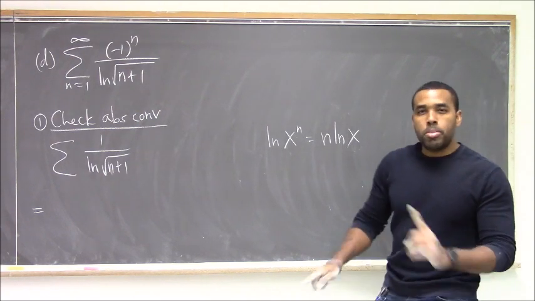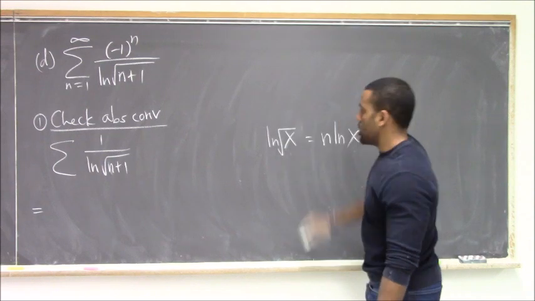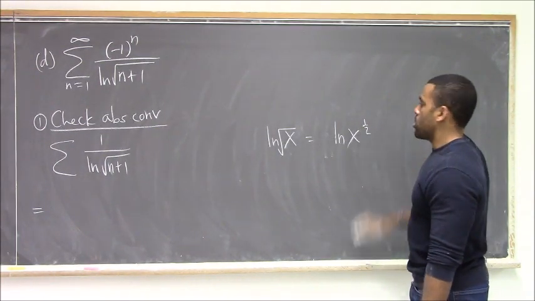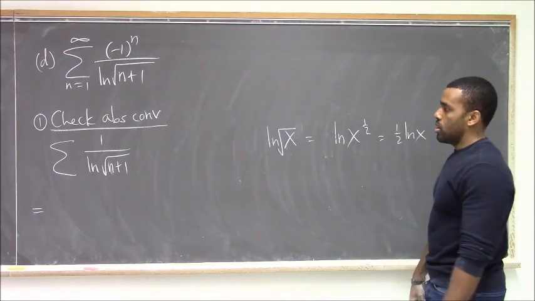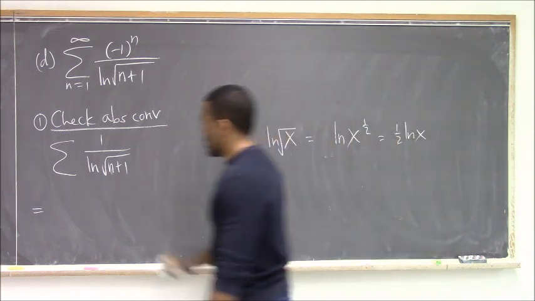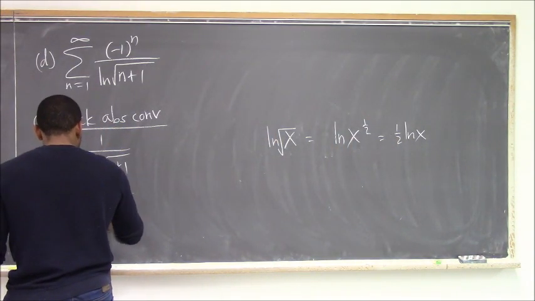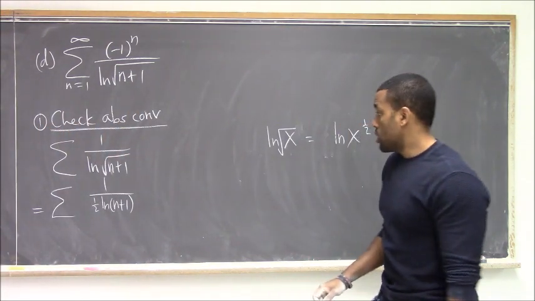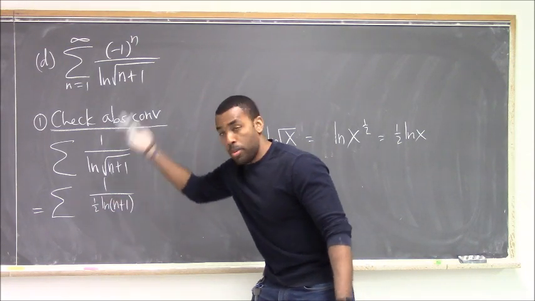So if I had ln of the square root of something, that's just ln of the half power, which I'm allowed to bring the half down in front. So this is actually just a series of 1 over 1/2 ln of n plus 1. That's exactly the same thing, which, of course, with the half in the denominator, I can flip it and multiply.